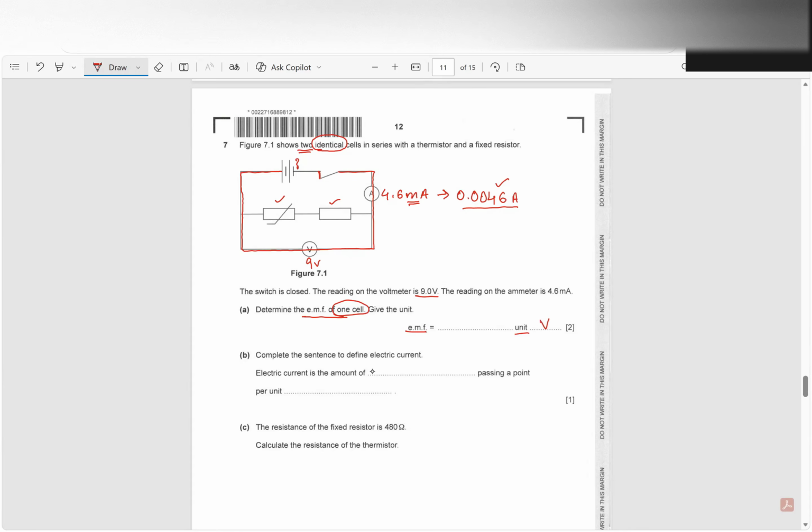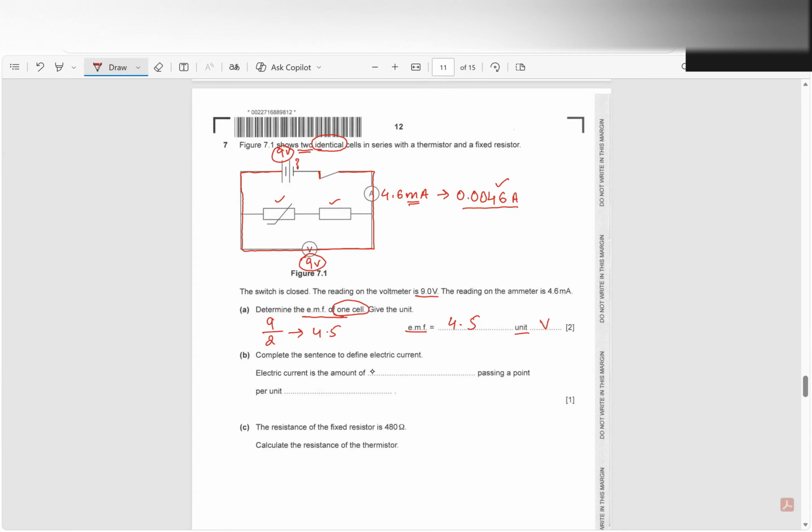That if 9 volts is being shown on the voltmeter, it is 9 volts that the two cells collectively are providing the circuit. So together, they're providing 9 volts EMF. Since one was asked and they're identical, we're simply going to divide 9 by 2. Whatever the answer is, that is the EMF of one cell. I hope that we understood.